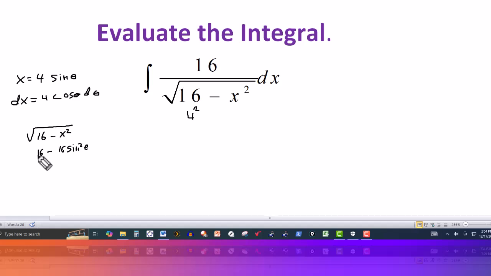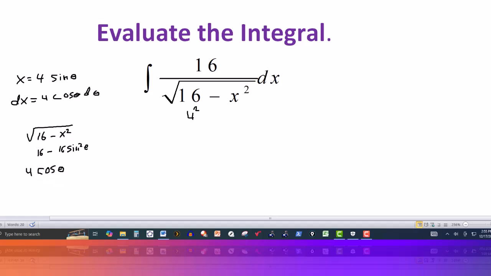Factor out the 16 here, and then square root would give me a 4. And then this would be 1 minus sine squared theta. 1 minus sine squared theta under the radical can be written as cosine squared theta using one of your fundamental identities. But then we're taking the square root of that, so this would be cosine.